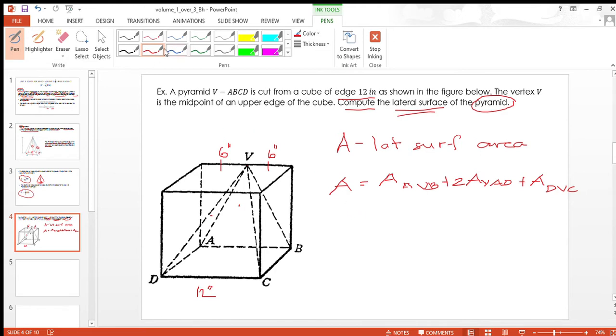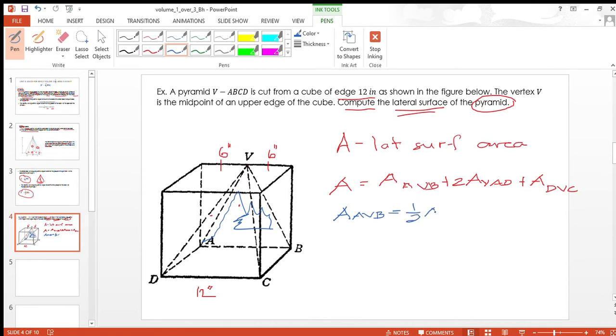Let's look at triangle AVB. Let's isolate that. Where is that triangle? This triangle here, A, this one at the back. Okay, so the area of that will be 1/2 base.